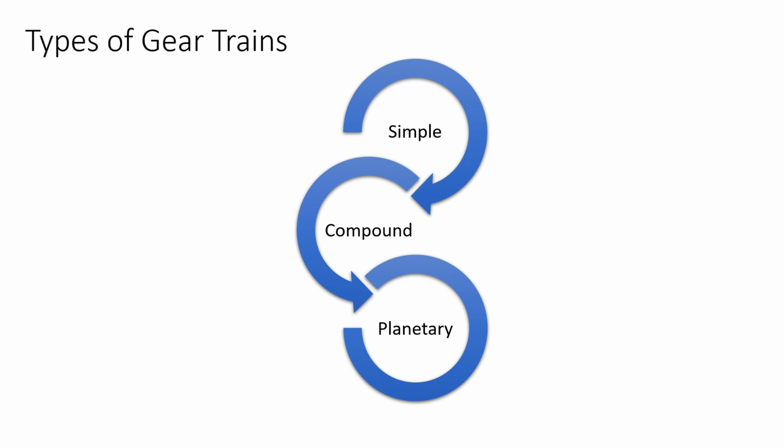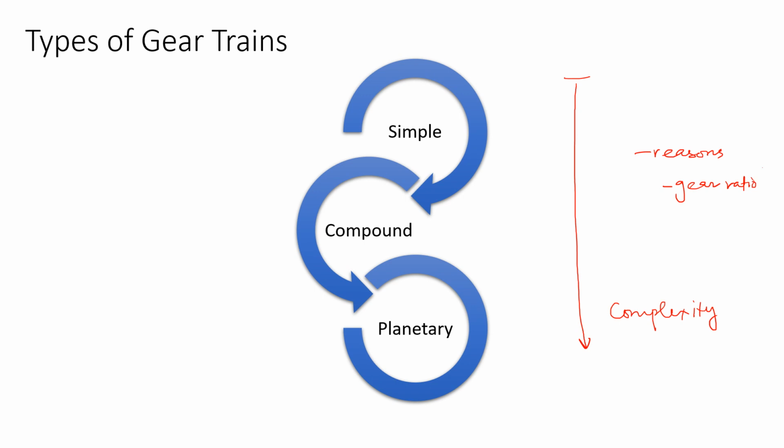Generally, there are three types of gear trains: simple, compound, and planetary. If we go from simple all the way to planetary, from top to down, we are adding complexity in the systems. This added complexity is not without reasons. There are going to be certain rationale behind adding this complexity, and those being the gear ratios.